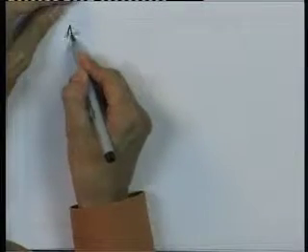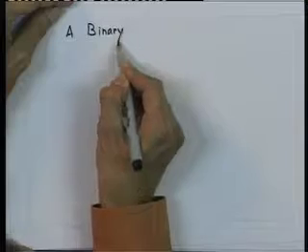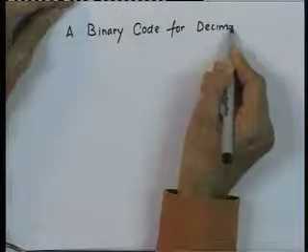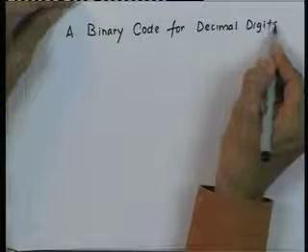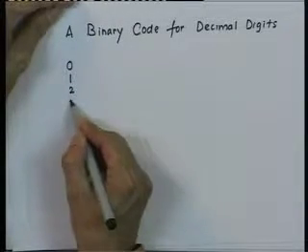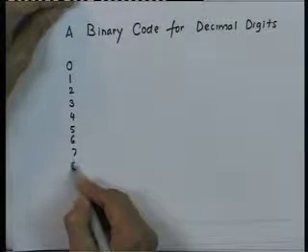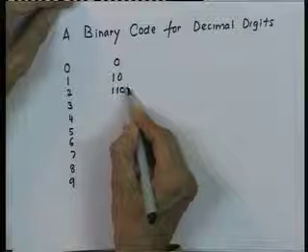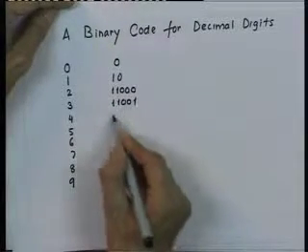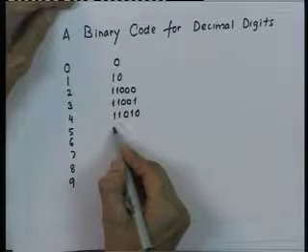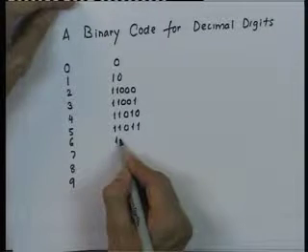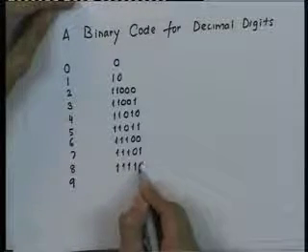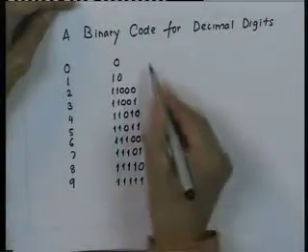So, a binary code for decimal digits would be as follows.